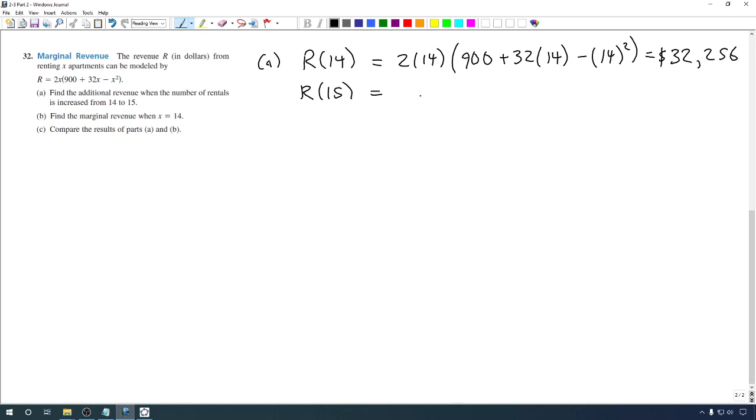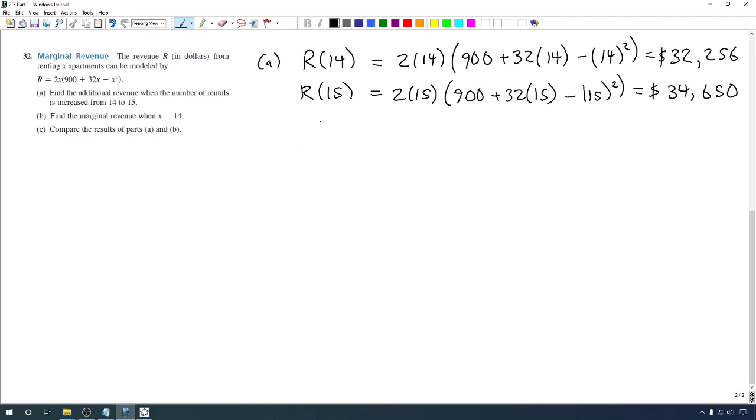We do the same thing with 15. Do basically the exact same formula, but we have 15s instead of 14s. This time I got 34,650. Still in dollars.